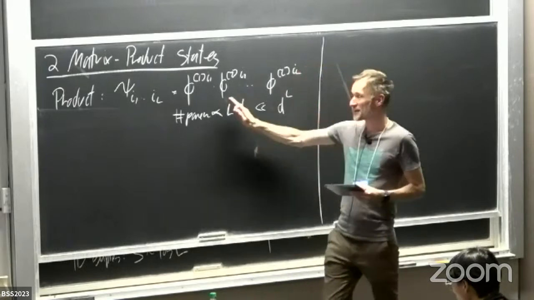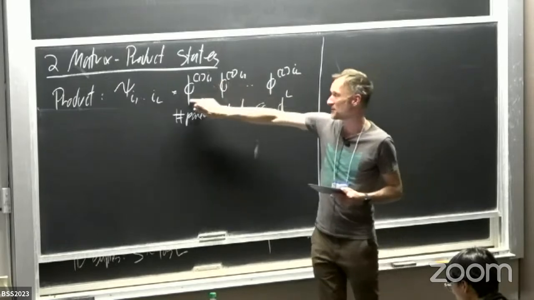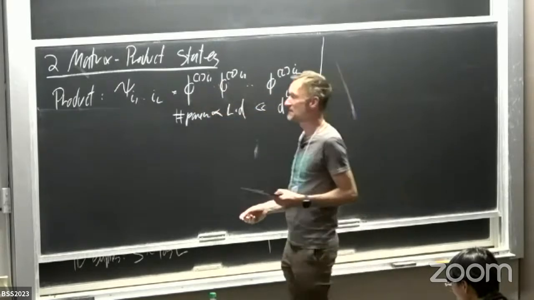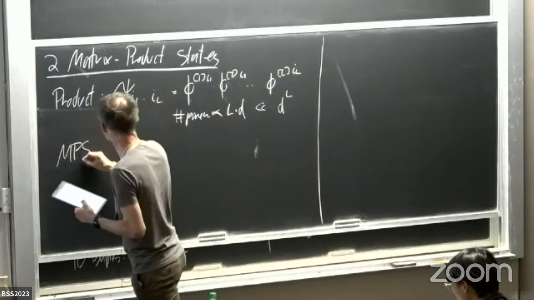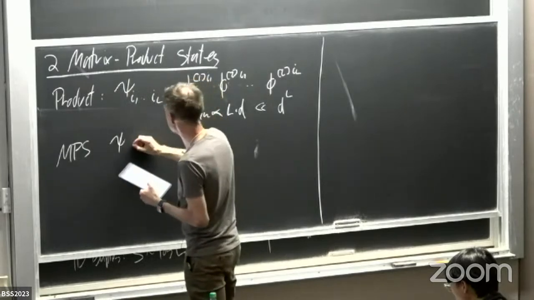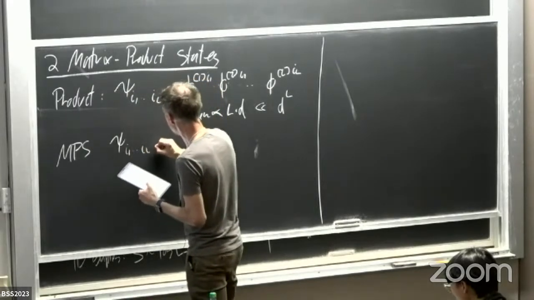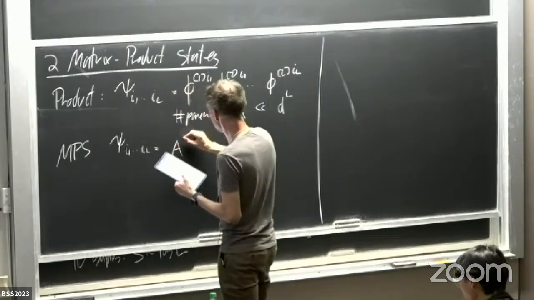Now, matrix product states are almost the same thing, except that we're just replacing these complex numbers by matrices. So if you have a matrix product state, we say our phi of I1 through IL is equal to just the product of matrices.